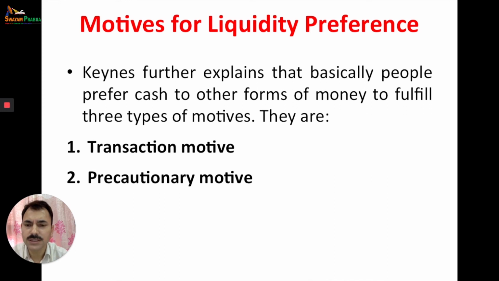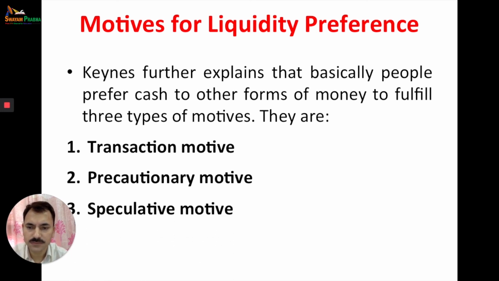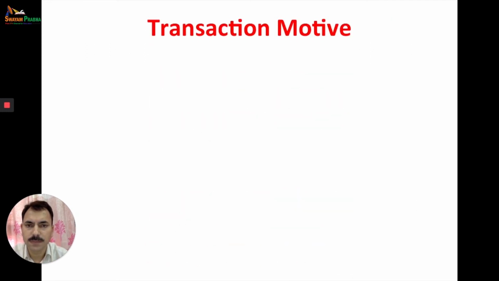Second is precautionary motive, which means for the safeguard of future, to overcome the uncertainty. Third is speculative motive, which is basically for the investment purpose or for market purpose.